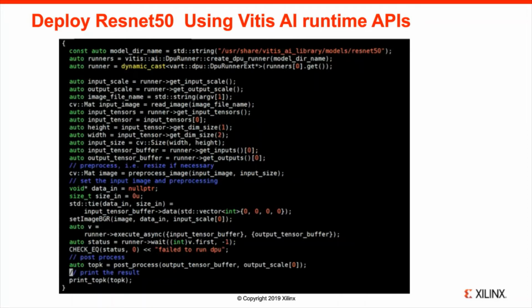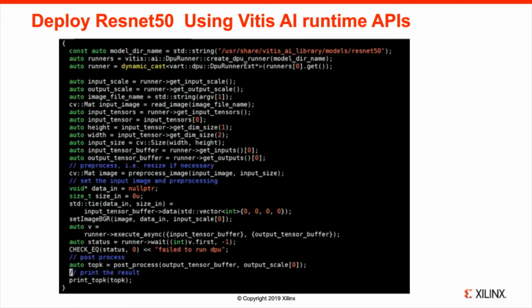And then we create a DPU runner. Each DPU runner is combined with one DPU core, which means if you have 3 DPU cores in your platform, it would be better to declare 3 DPU runners. Otherwise, if you run your task with multi-threads, they're all running on a single DPU core.